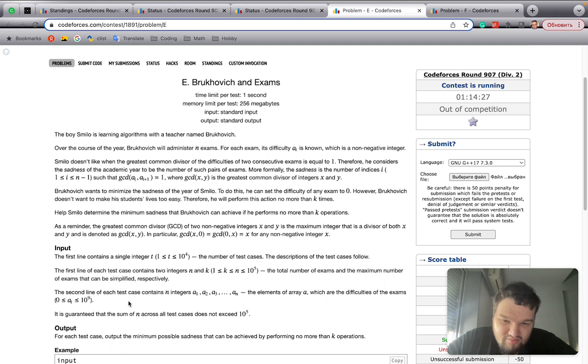If no elements were equal to 1, then changing one element to 0 makes both pairs containing this element to have GCD greater than 1, or 0.